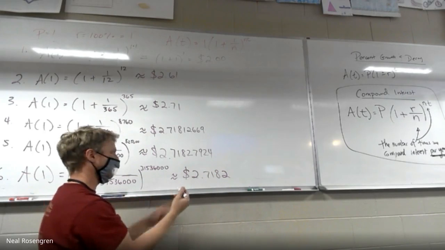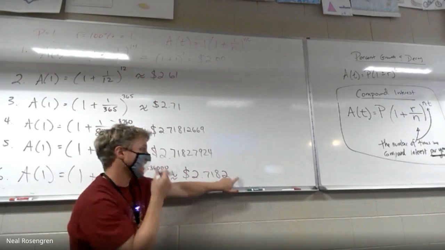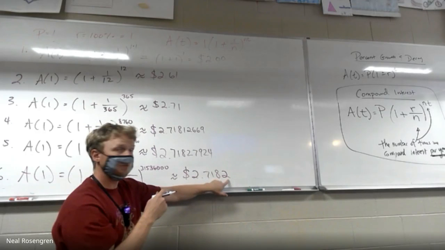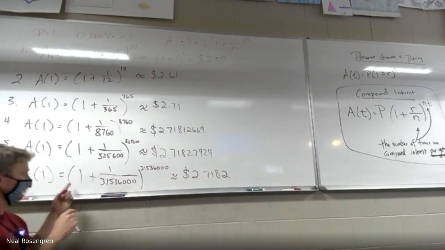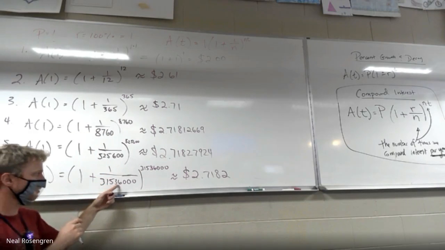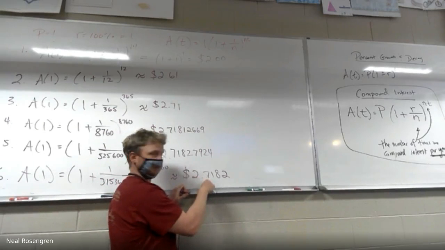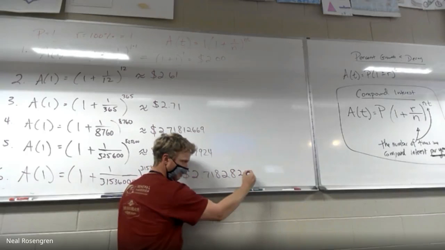Somebody help us out. 2.7182. Could be still like 799 or something. 2.7182. I don't have 1 plus 1 over 31,536,000 to the... 2.71828247.